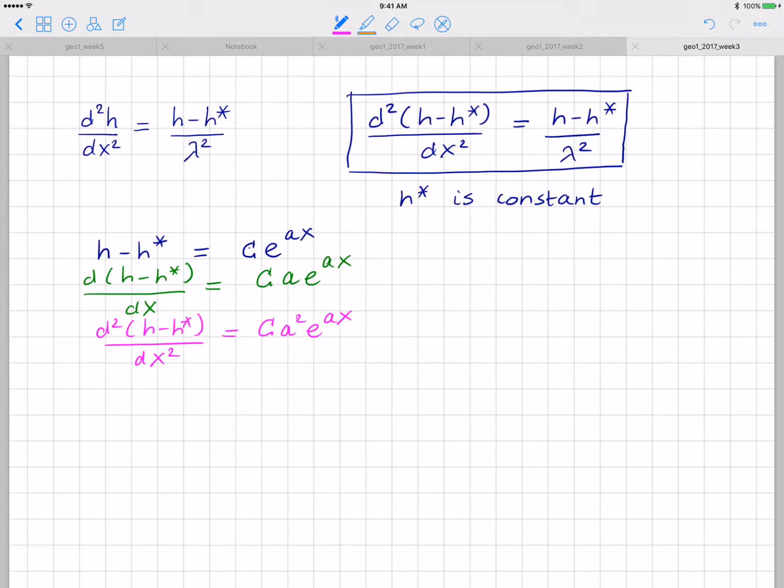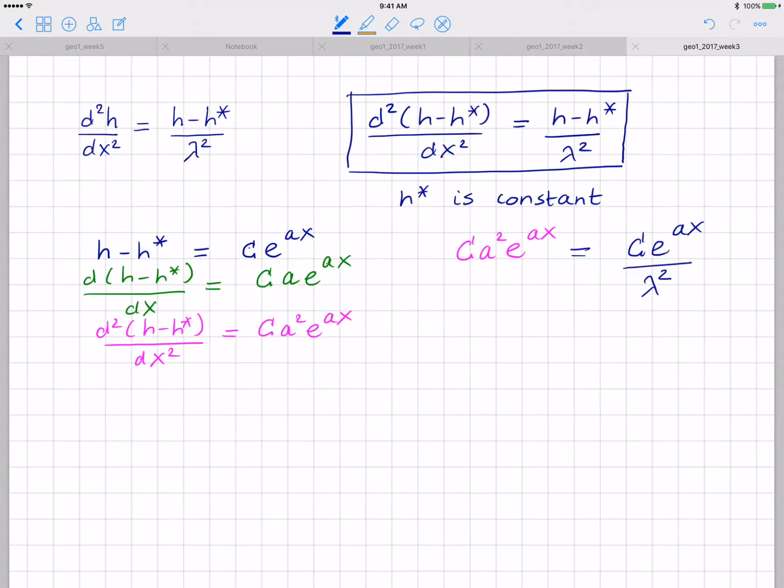The differential equation is written here on top, so we substitute that in. The second derivative, shown here in pink, is c times a squared times e to the power ax, and that should be equal to h minus h star, which we have guessed to be c times e to the power ax, divided by lambda squared.